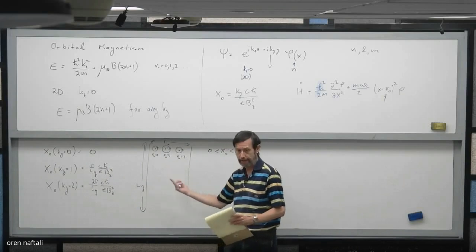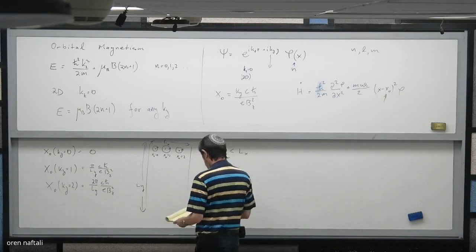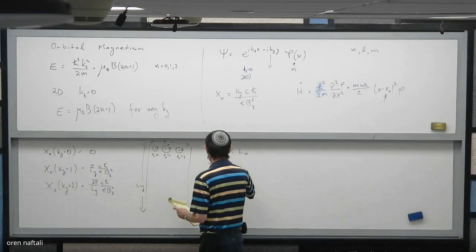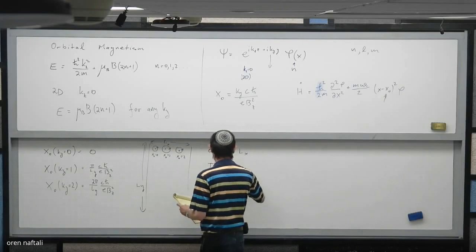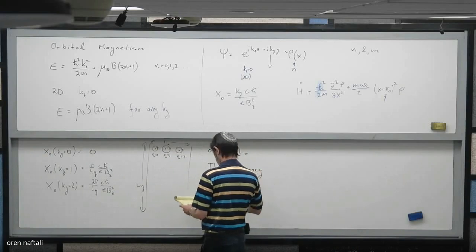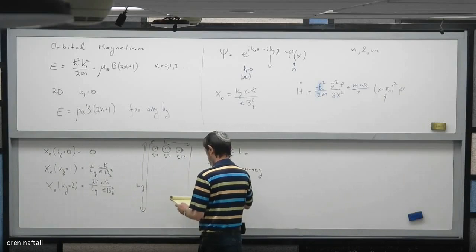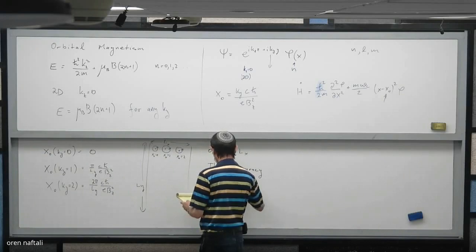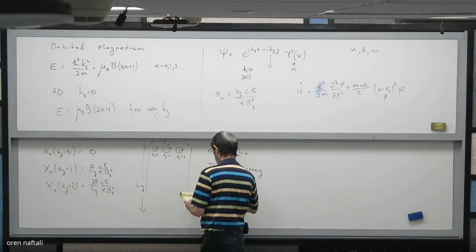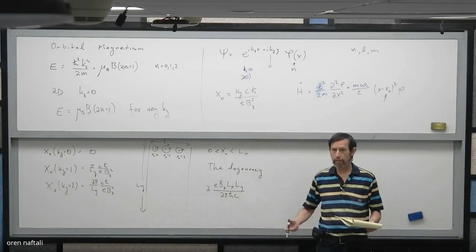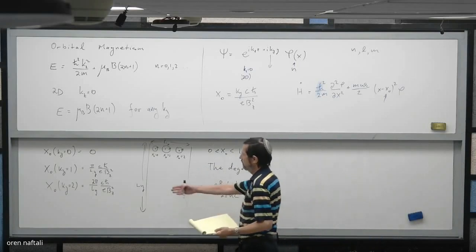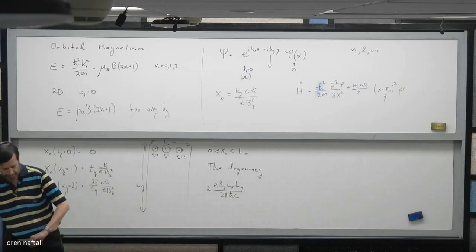And that gives me a number where the degeneracy is given by the area times these constants according to what we got here.